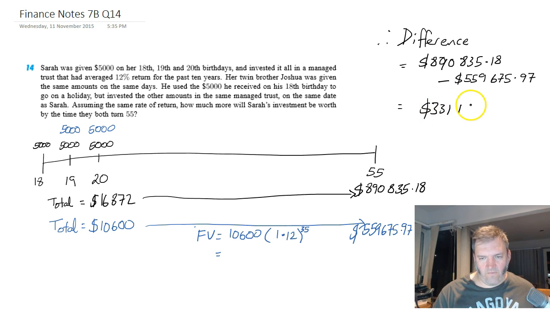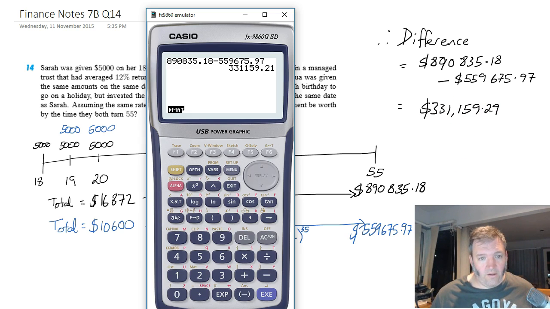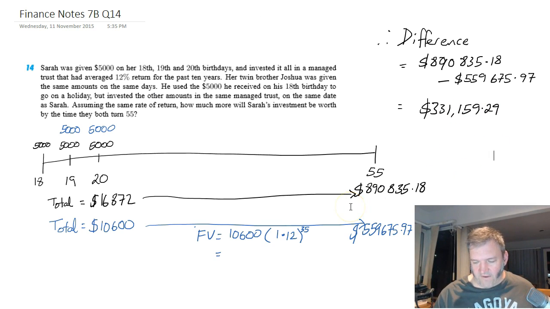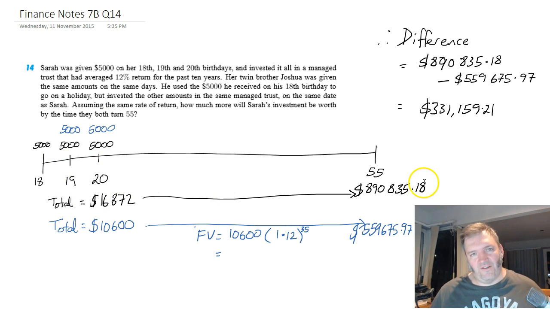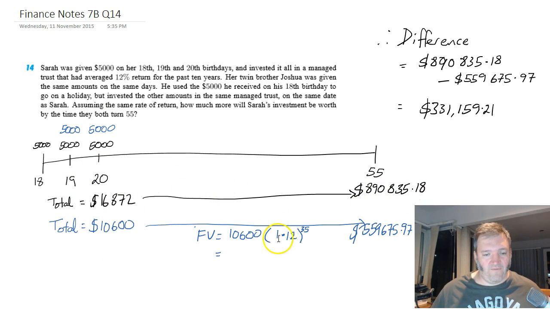I don't remember whether it was 21 or 29 cents, too many other things going on in my brain at the same time. 21 cents, so we can just fix that up. So pretty easy, pretty straightforward. I find it easiest to get them to where the annuity stops and then just use my future value formula. So using that future value formula or TVM Solver, either one's fine.